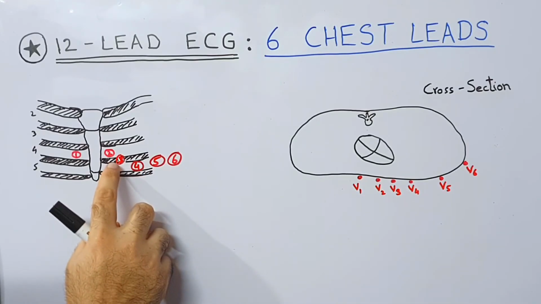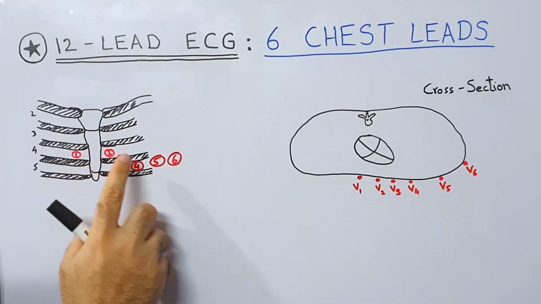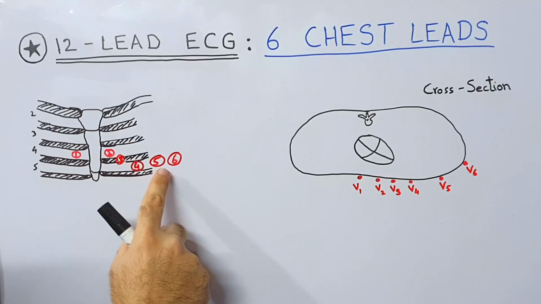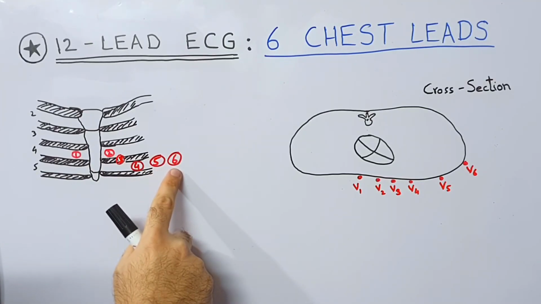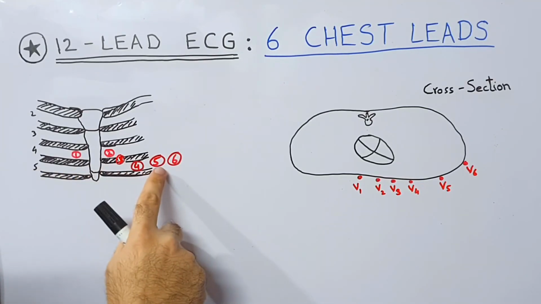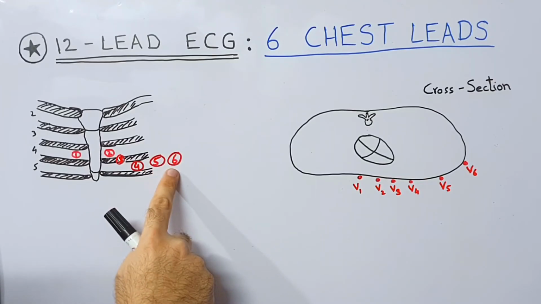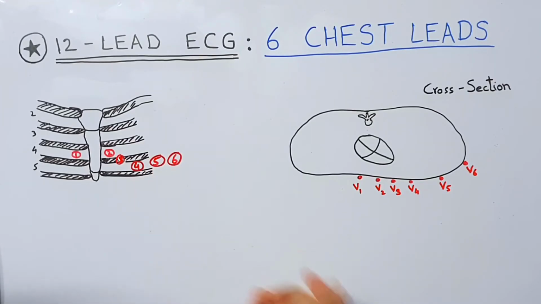Third is placed in between those. So 1, 2, 3, 4. Fifth electrode is placed in the 5th intercostal space, and 6th is also present in the 5th intercostal space, but the fifth is placed on the anterior axillary line and the sixth is placed in the mid axillary line.